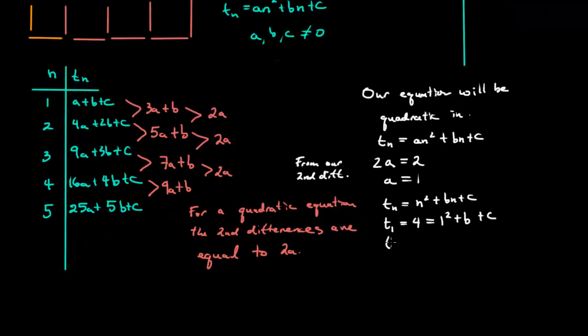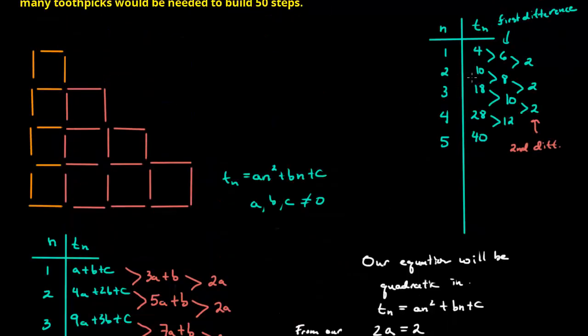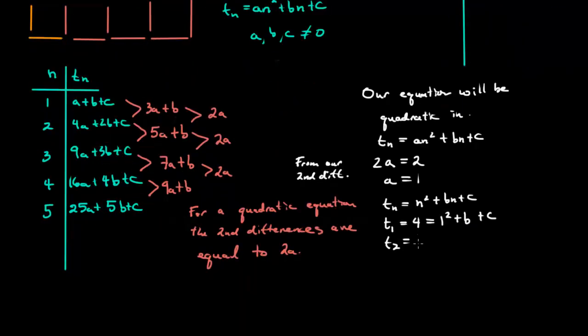Now, if we go back to our table of values, t sub 2 is equal to 10. So that's going to be equivalent to 2 squared plus 2b plus c.